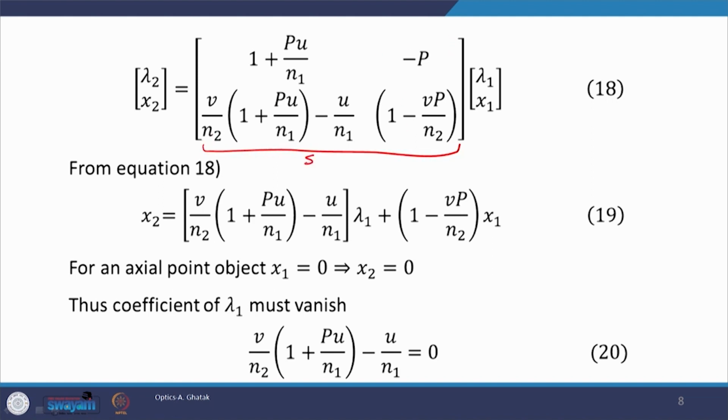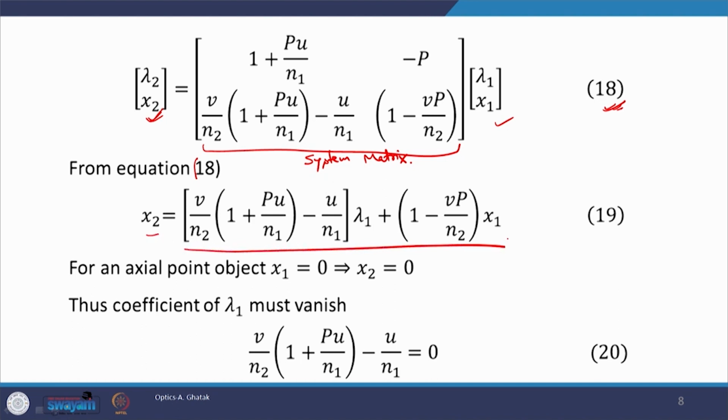This is your system matrix. Okay. Now, system matrix relates the coordinates at point O with the coordinates at point I, the image point. Now, we will expand equation number 18 for the expression of x2. Now, if you expand 18 for expression of x2, then we will get this.